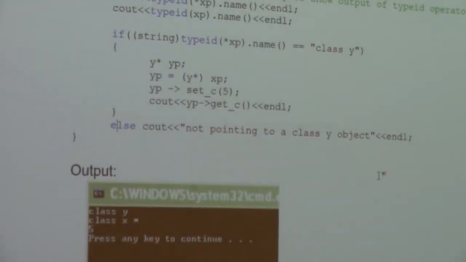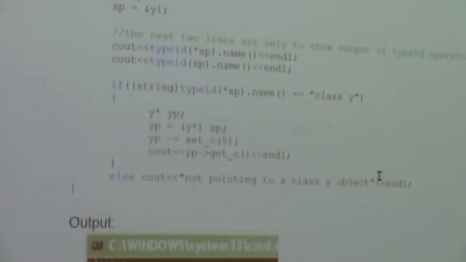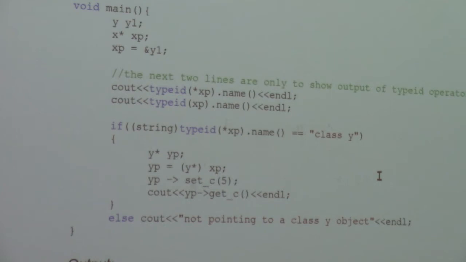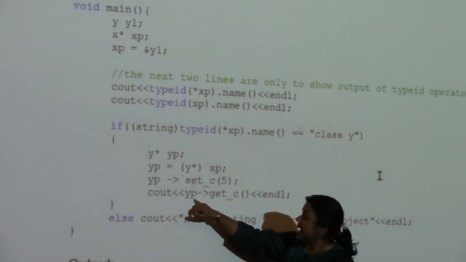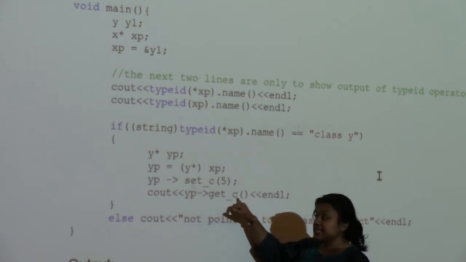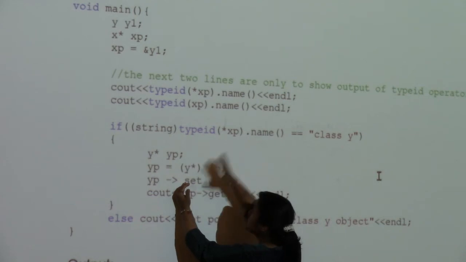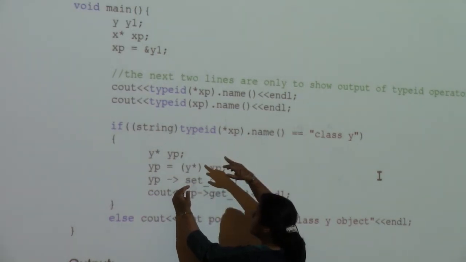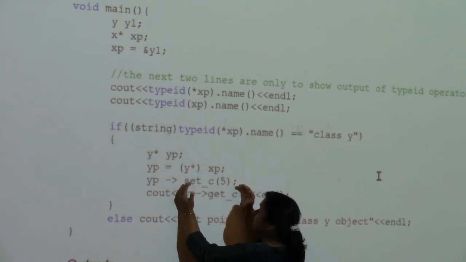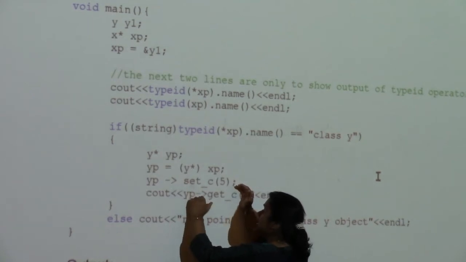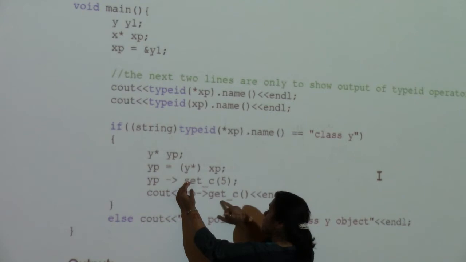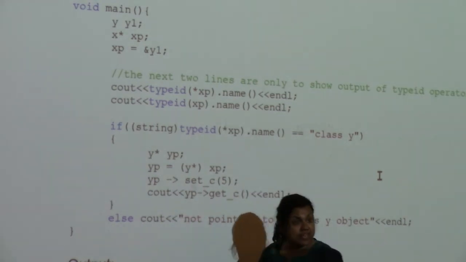Okay, but if I said xp->getC, okay, so look at just this part of the code, and don't worry about all the code that has come since, after xp is equal to address of y1, if I said xp arrow getC, that would have given an error.